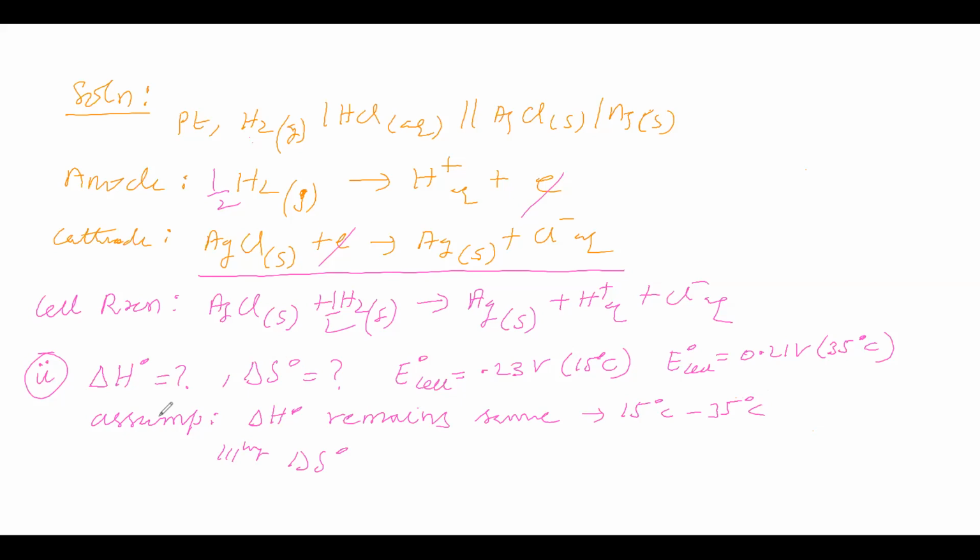What is the relation between thermodynamic terms and E naught cell? The relation is delta G naught is equal to minus n F E naught cell.